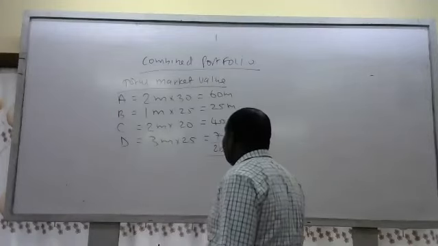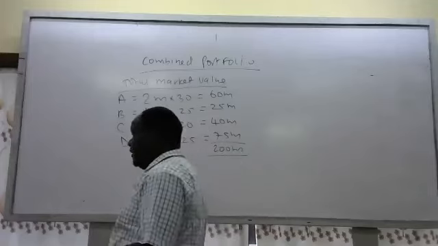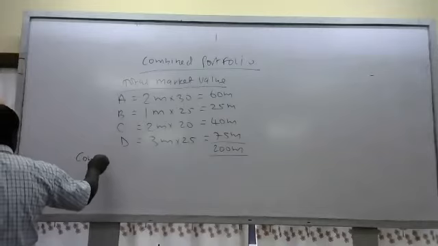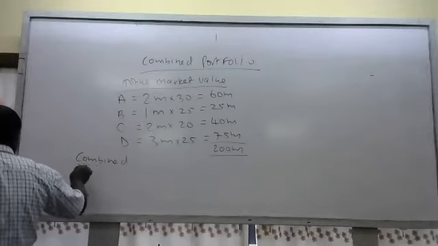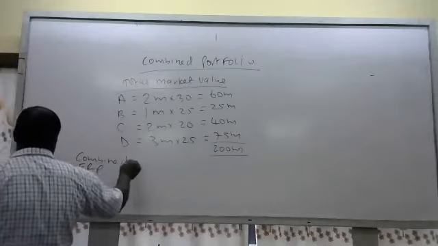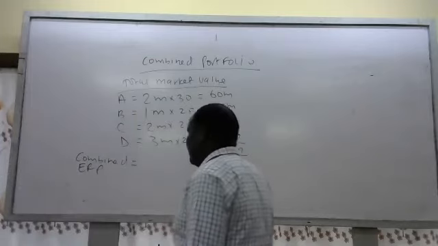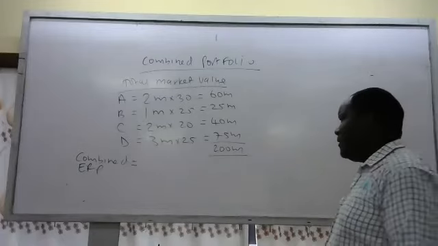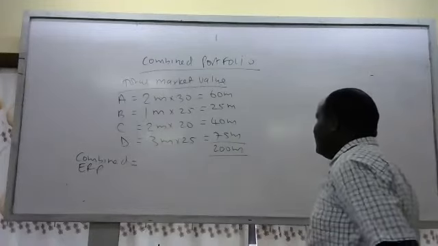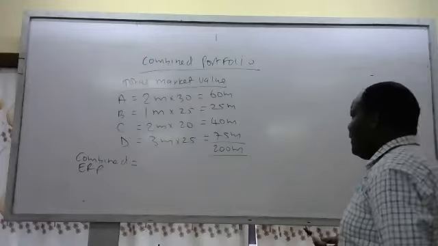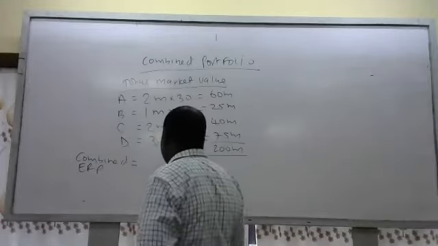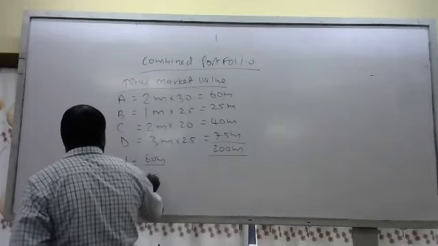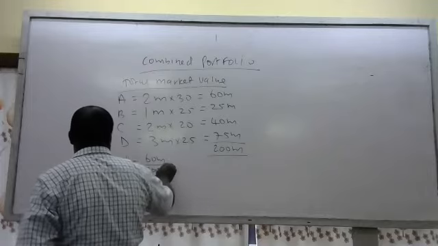So we shall first compute the combined expected return of the portfolio. To get it, we take A, 60 million, divide by the total, which is 200 million.